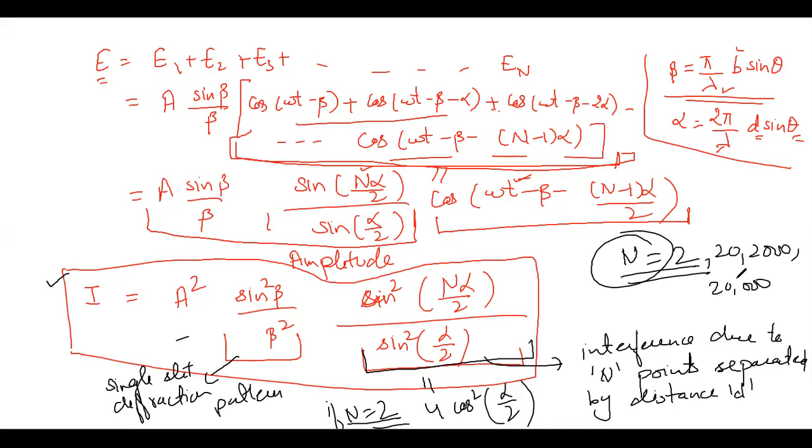Now we need to work out the conditions of minima and maxima as we do in every case. Here, if we talk about the condition of maxima, and these maxima are going to be called as principal maxima. The reason is there are going to be secondary maxima also in this case, and we'll see why there would be secondary maxima here.